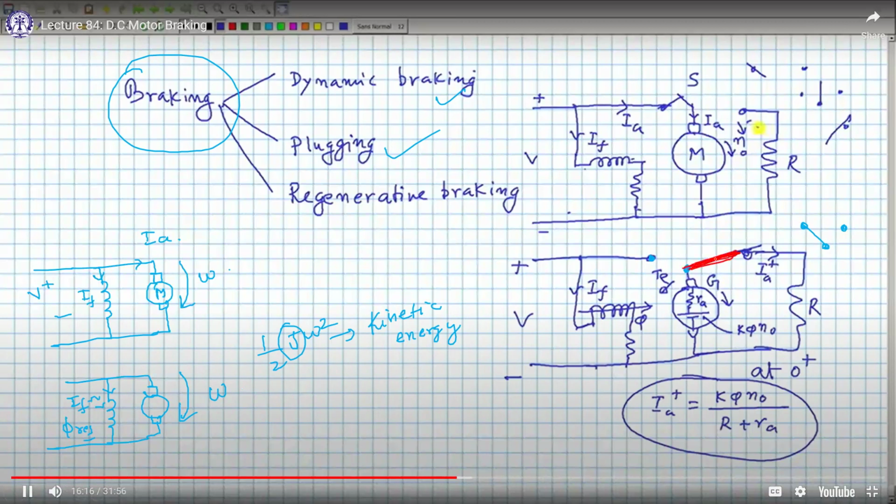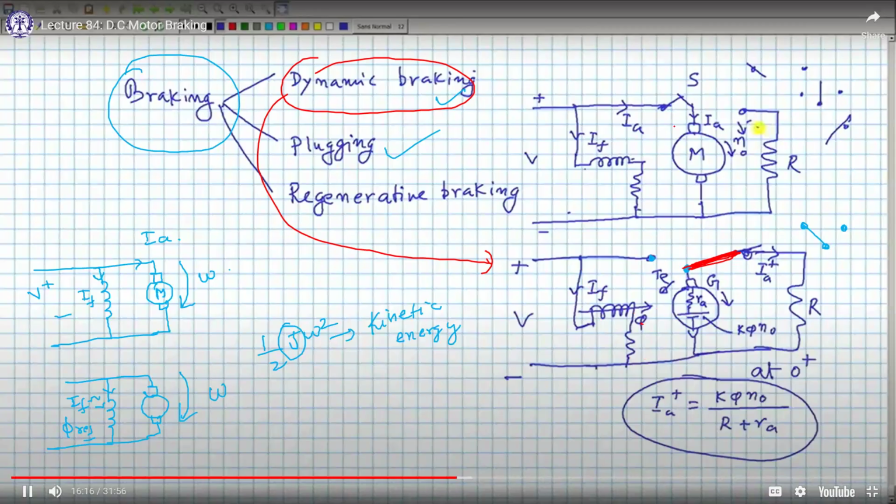Once you have connected it in this direction, this is called dynamic braking, the method which I am discussing. Here you have connected an external resistance R, and your flux is still there because the field is still connected. So what is happening to IA?